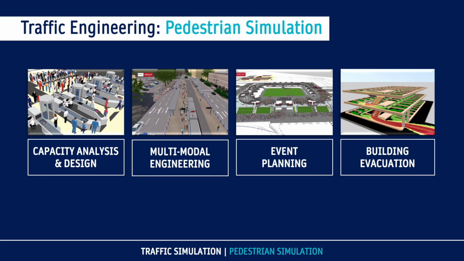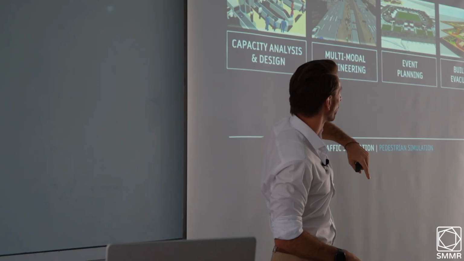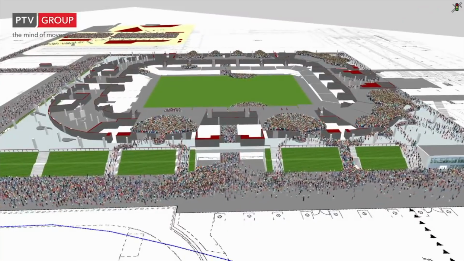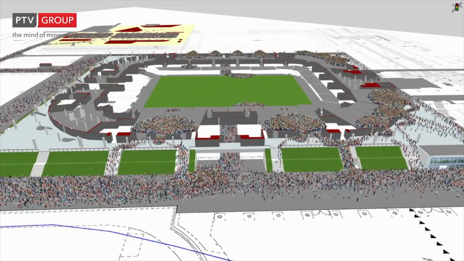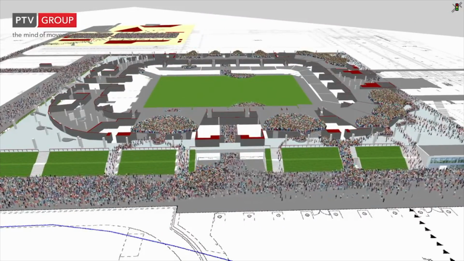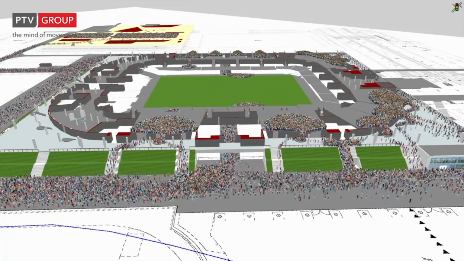You could also use it at an airport to know how many baggage checks you need, for example, or for how people interchange from a tram to a car park. For, say, a stadium, when you have a big event, you can have 40,000 people in a given area at once, and that's something you need to manage very carefully.